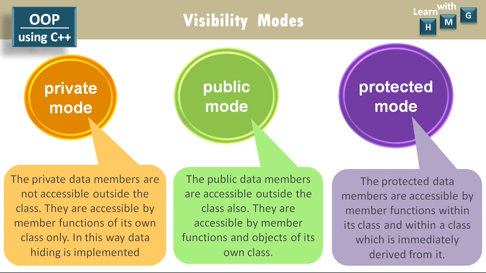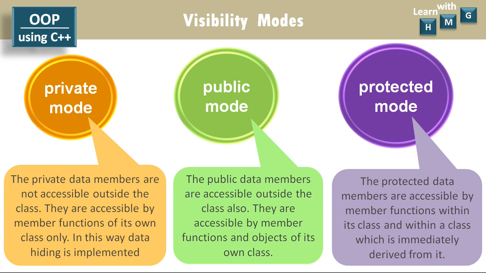The data members of a base class sometimes are required to be accessed in its derived class, and you know that the private data members are not accessible outside the class, meaning they are not accessible even in its derived class.